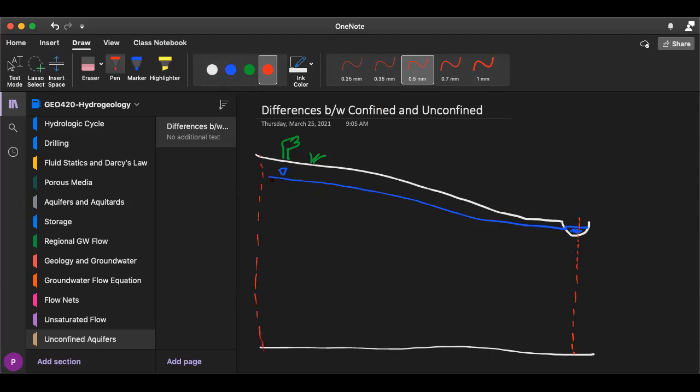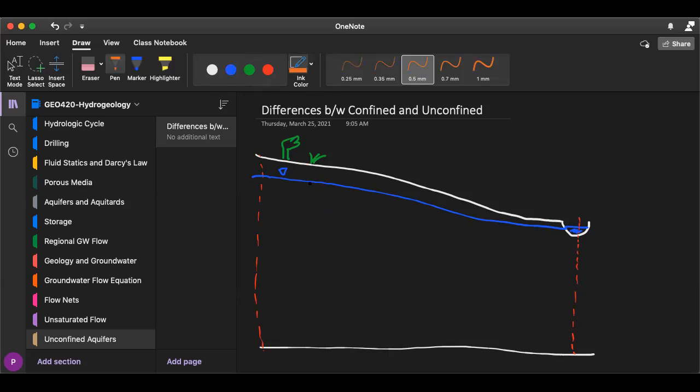And the water table flattens out here and goes down. Okay, so I could draw a basic flow net here. Orange will be my head contours.